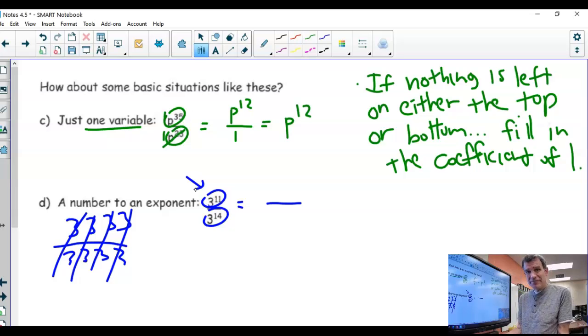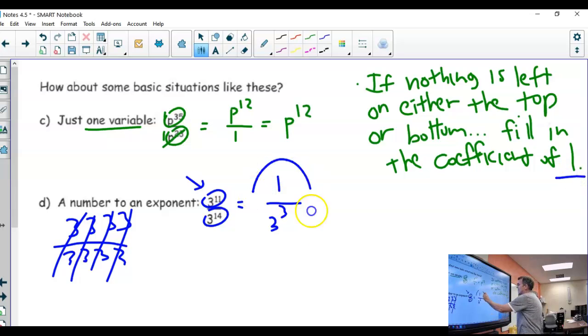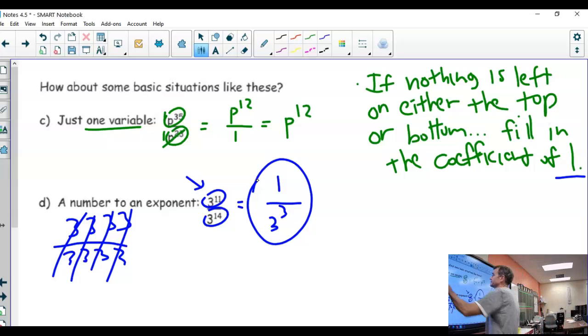And how many are still left on the bottom? I hope you said 3, because there is 14 of them on the bottom, which is 3 extra. Now, it seems like everything is gone on top, but remember, you can still fill in the 1. Your answer is actually 1 over 3 to the 3rd power. That 3 to the 3rd needs to be on the bottom.